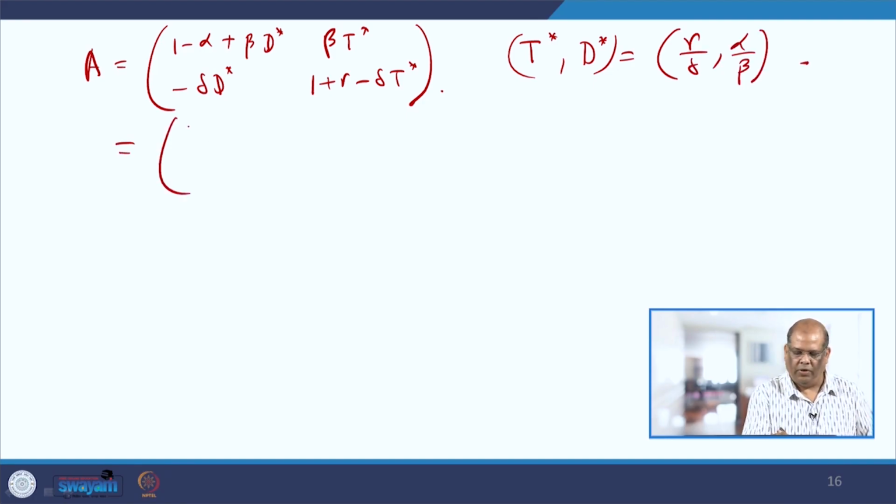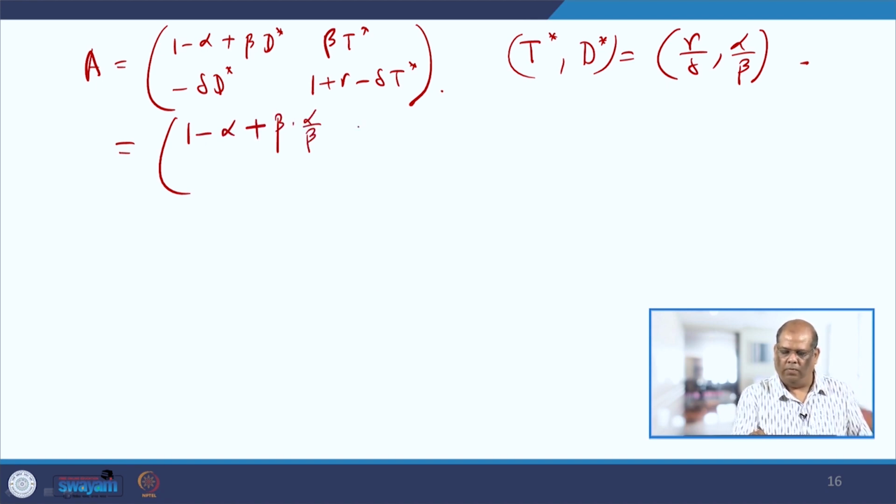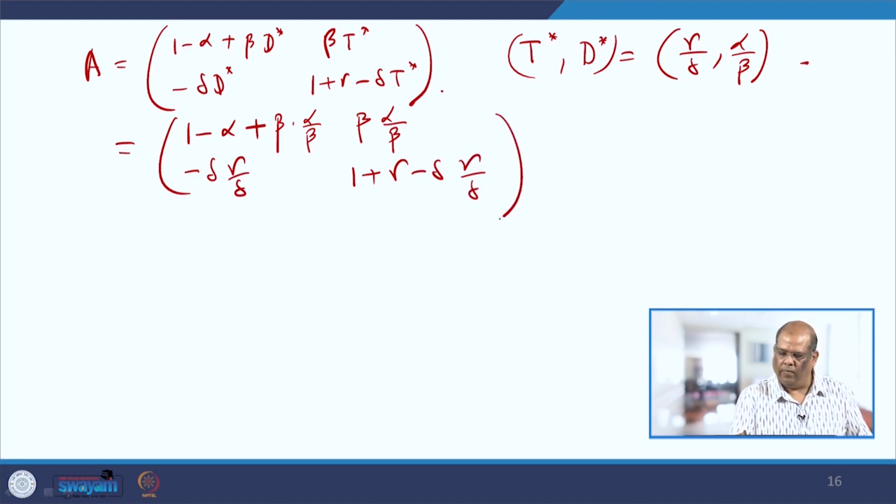So if I substitute, 1 minus alpha plus beta, your D star is alpha by beta. Now this is beta into T star, so beta into alpha by beta. This is minus delta into D star, which is gamma by delta, and this is 1 plus gamma minus delta, where T star is gamma by delta.